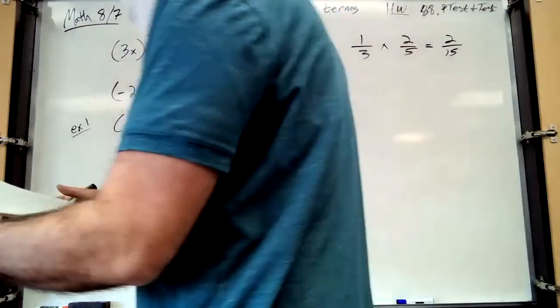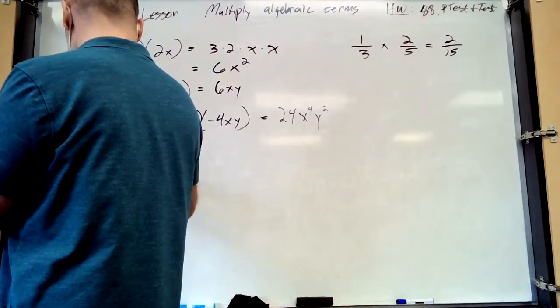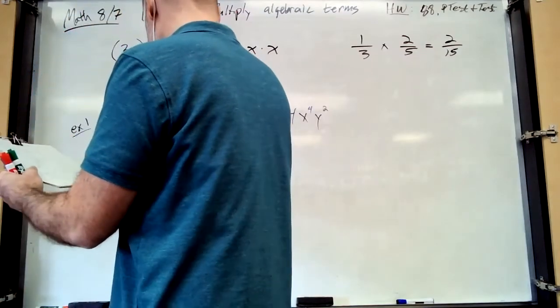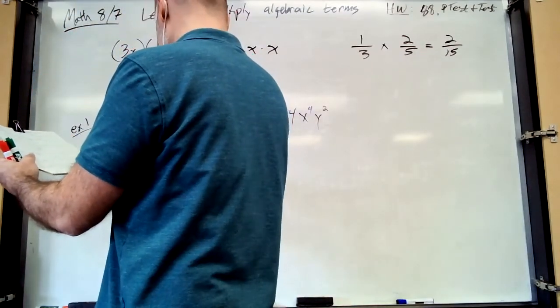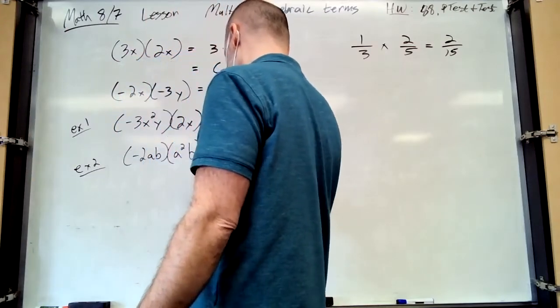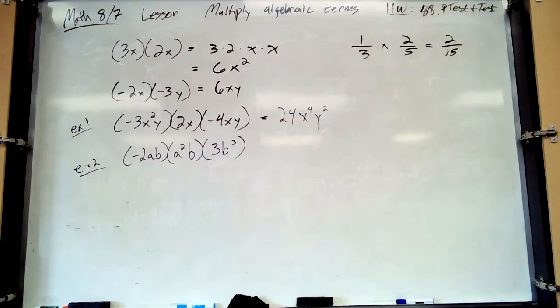All right, redemption. Here we go. Example 2. Now they're A's and B's.